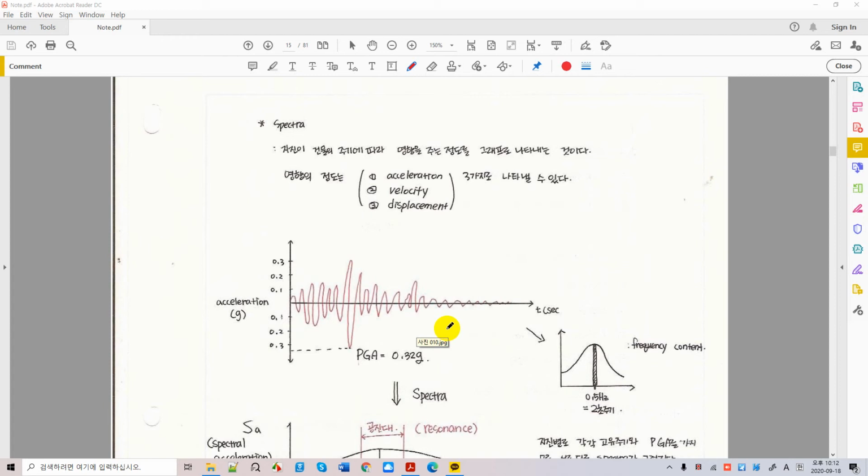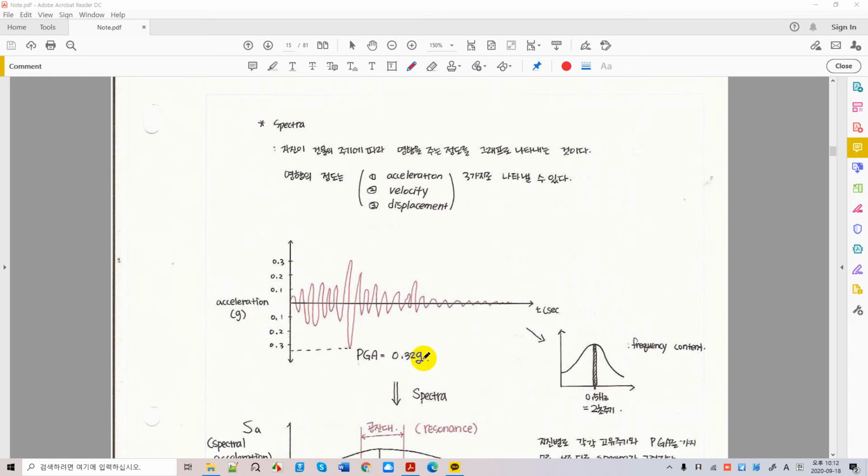So they only pick up the maximum value. You can use acceleration, velocity, displacement in design. That doesn't matter as long as you have proper engineering software. But the problem is you have to use only the maximum value. You're only interested in getting maximum values. So in these cases, your maximum value is here, right? So 0.32. This is your maximum value.